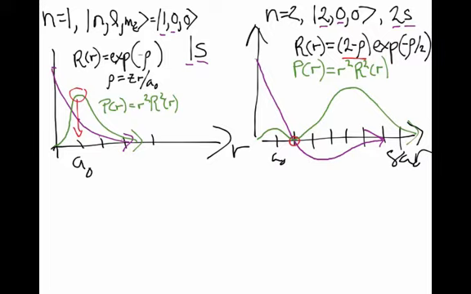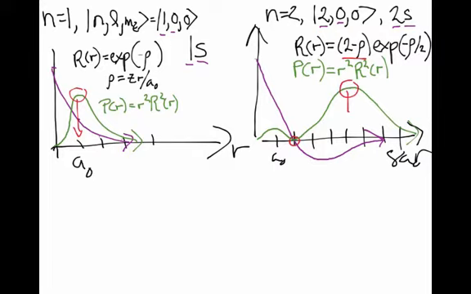But so the n equals 2 case with no total angular momentum, there's got to be one node. So going to the second energy level, we go from 0 total nodes in n equals 1 to one total node in n equals 2. So the total number of nodes is going to be n minus 1. And for the 2s case, there are no angular nodes, so that node is left over and it's in the radial direction, and there it is, circled in red.